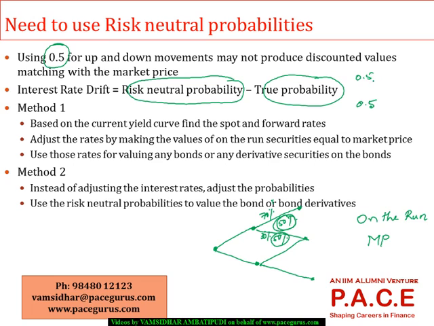In general, we go with 50-50. So the true probability is directly taken as 50-50, whereas the risk neutral probability is arrived at from the valuation of the corresponding on the run securities with similar maturities. The difference between the two is what we call the interest rate drift.